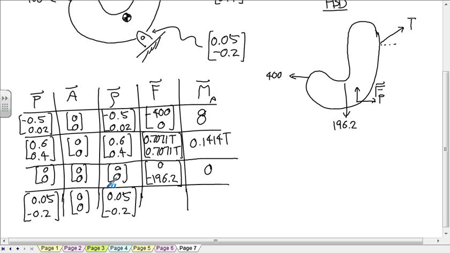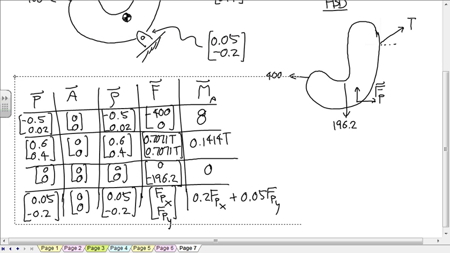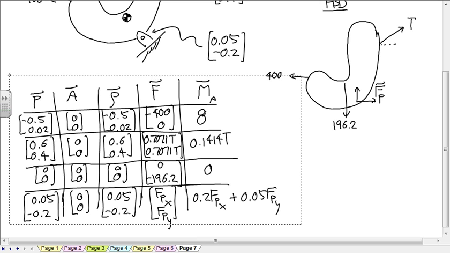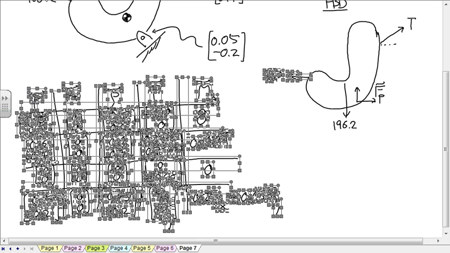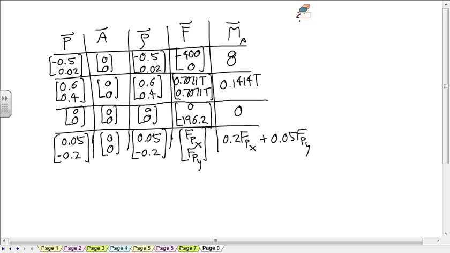The force vector is FPX and FPY. And so you get 0.2 FPX plus 0.05 FPY. Is that right? Okay.